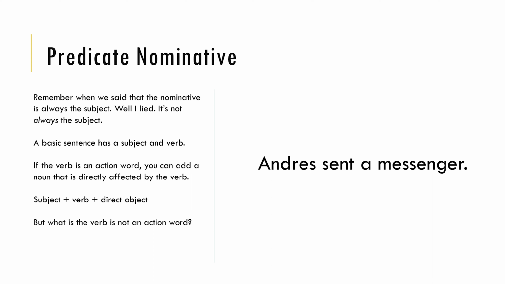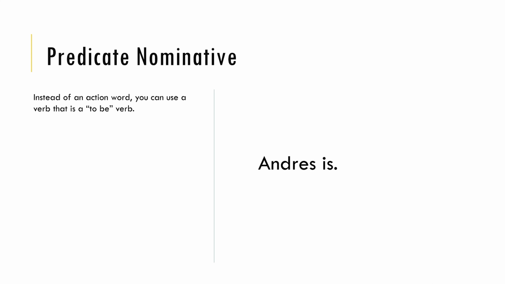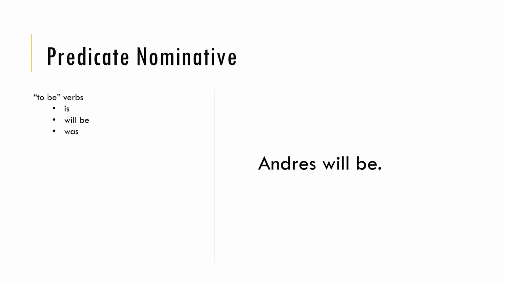So what if you have a verb that is not an action word? Sometimes instead of send, hit, smash, throw, you have just a word that is to be, right? Andres is. The to be verbs are is, will be, was, being, things like that. You can have Andres is, Andres will be, Andres was.